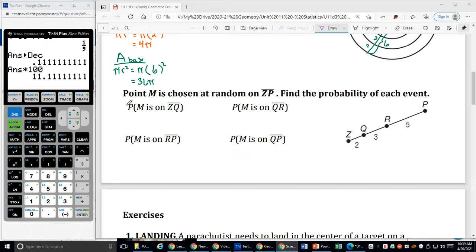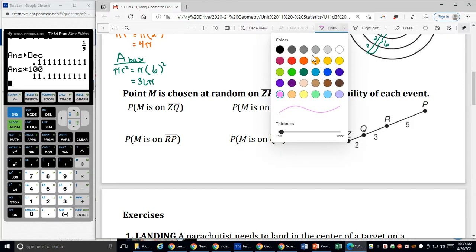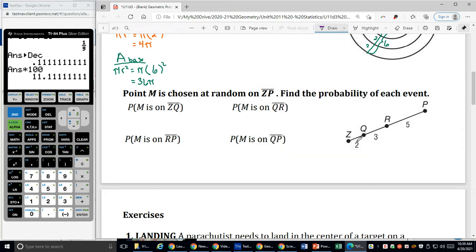Okay, so point M is chosen at random on segment ZP, the whole segment. Find the probability of each event. So the probability that M is on ZQ. So ZQ is 2 out of, we're landing anywhere on ZP.